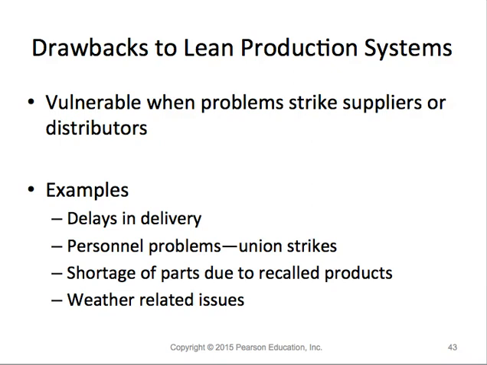There are drawbacks to lean production systems. It's vulnerable when problems strike suppliers or distributors, because you heavily rely on the delivery. If the delivery is delayed, your machine will be hungry and wait for the delivery. What can cause that? Weather-related issues.